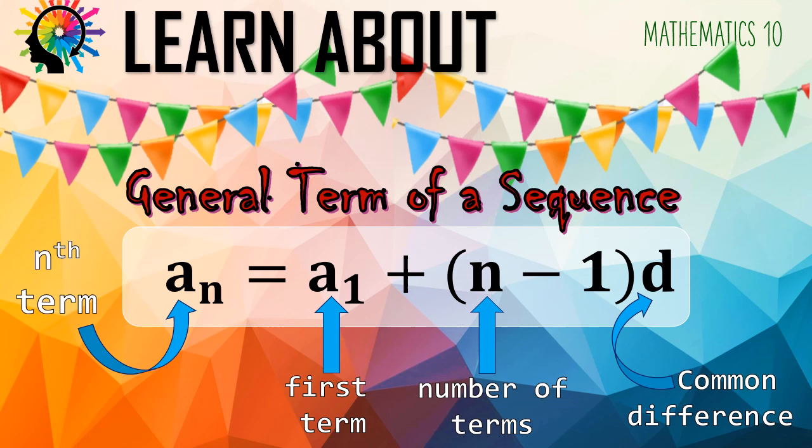If one of those three necessary data is missing, then you need to look first for the value of that particular data before you proceed with finding the nth term.